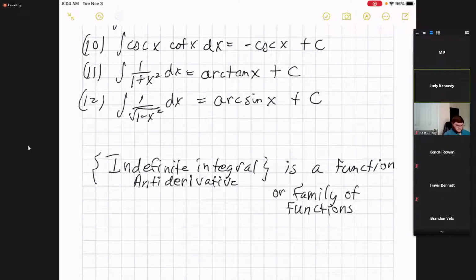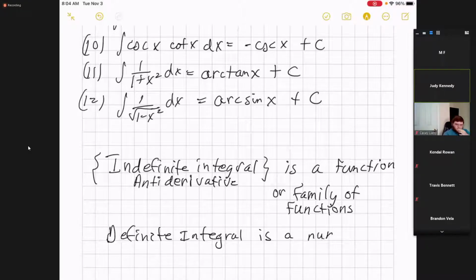Or if you want them all, it's a family of functions. And a definite integral is a number. Okay. So in math, it's really important to keep in mind what your objects are.